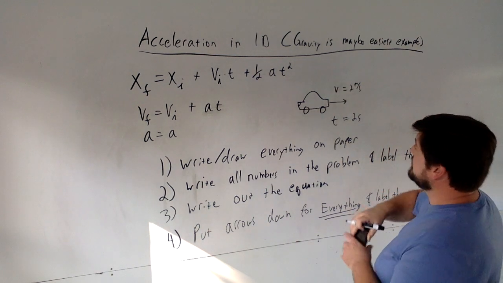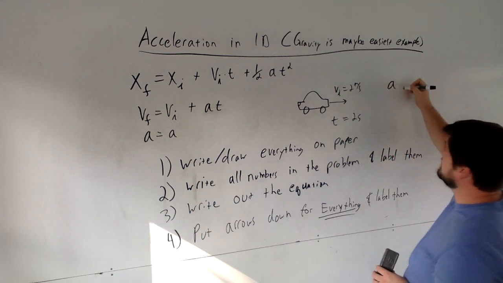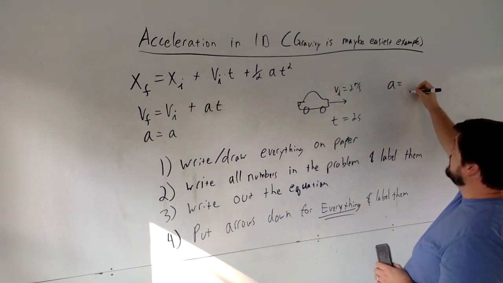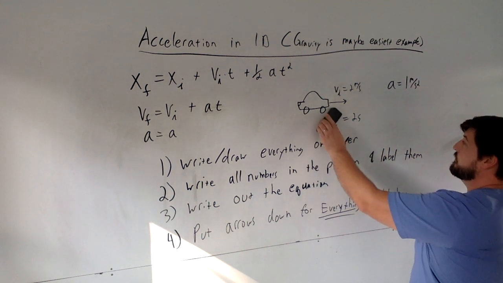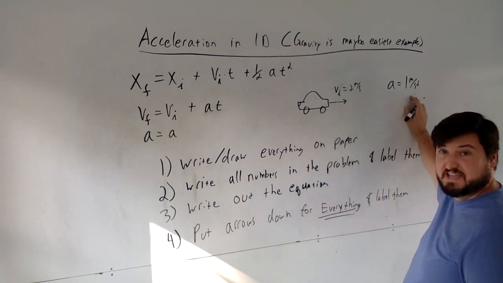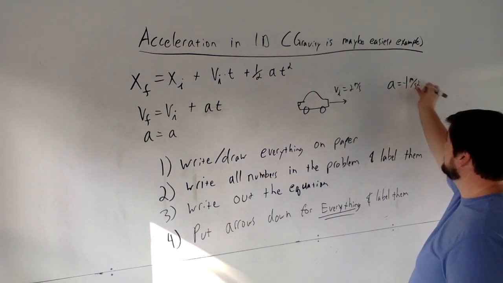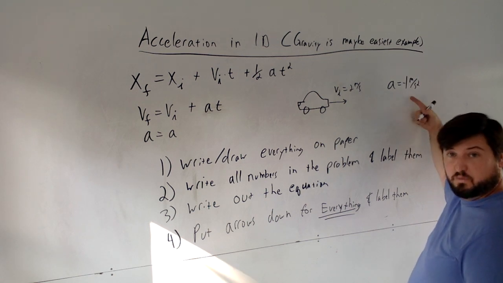Maybe it had already started backing up. Its initial velocity was 2 meters per second, and it had an acceleration of 1 meters per second squared, okay? But now you want to know how long it's going to take to stop if this is a negative 1 meter per second squared. So which way is the acceleration working? Well, it's a negative.